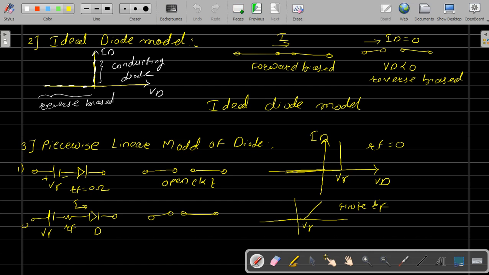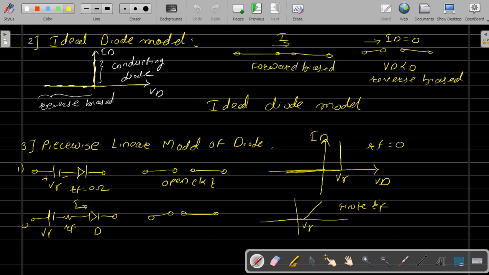That means when the diode forward resistance is assumed to be 0, RF equals 0, then we get this kind of figure. There is no slope, a straight line at the cut-in voltage, and as it reaches the cut-in voltage, maximum current flows through the device.